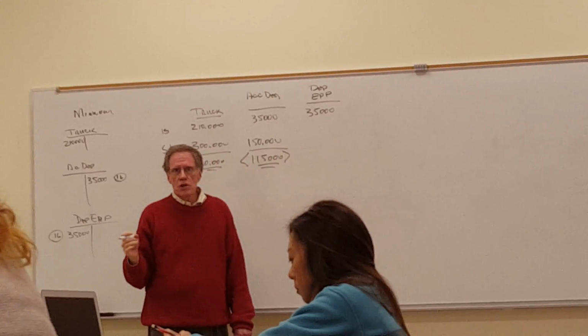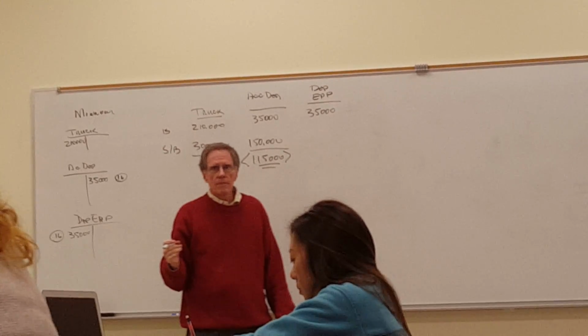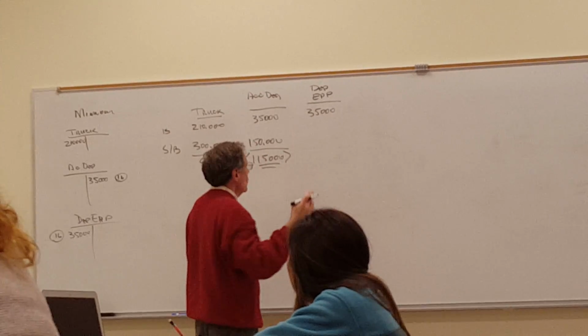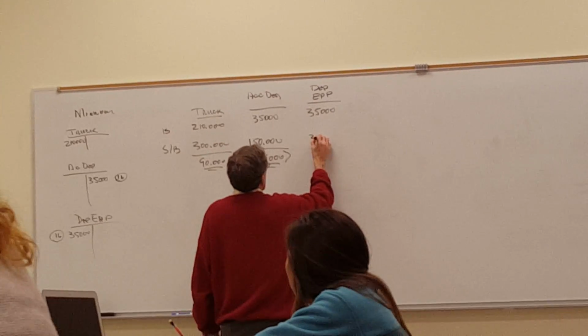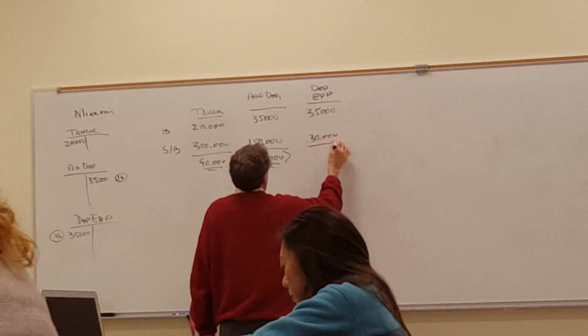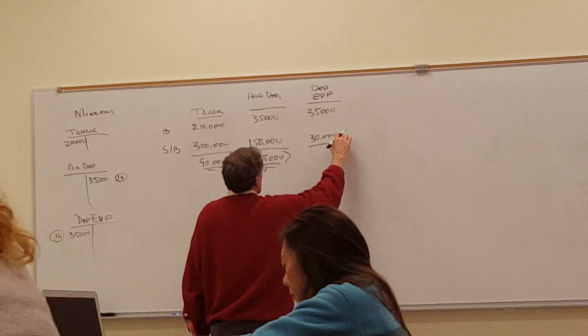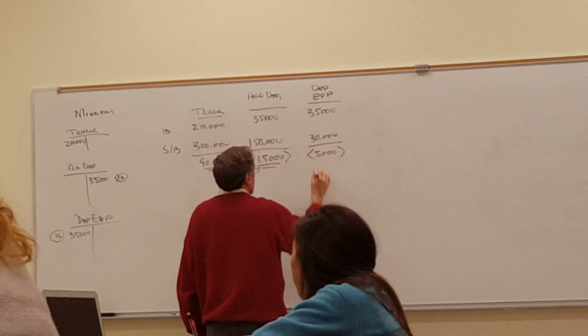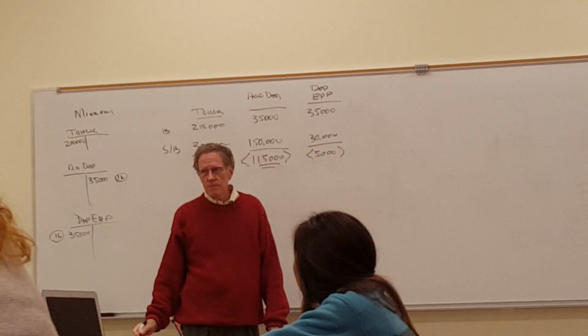How much should depreciation expense be? Should be 30,000, right? So our depreciation expense is overstated, so we need to credit depreciation expense for $5,000.